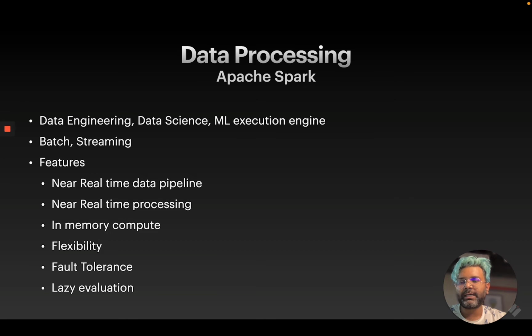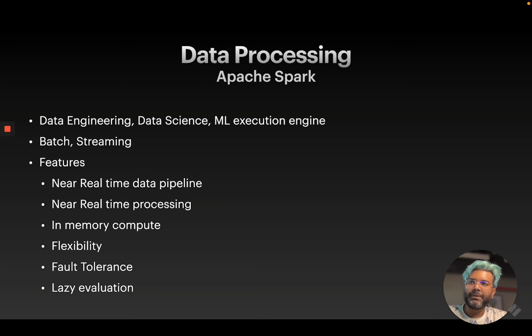So you can extract data from any data source in a near real-time manner, be it a store like HDFS or some other file system, or be it any messaging queue like Kafka or something else. It also has near real-time processing, so your results can be near real-time. You are able to achieve a good processing speed.